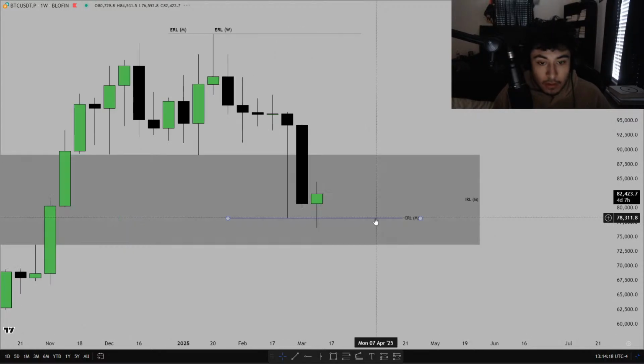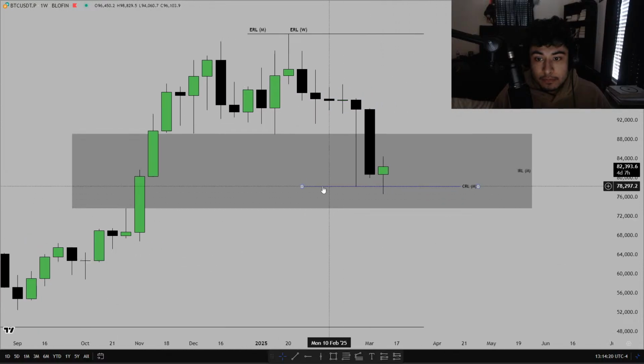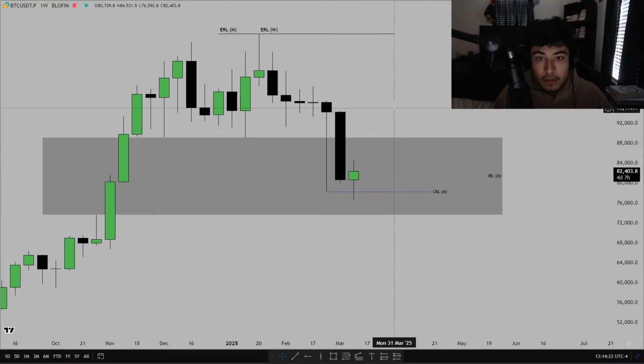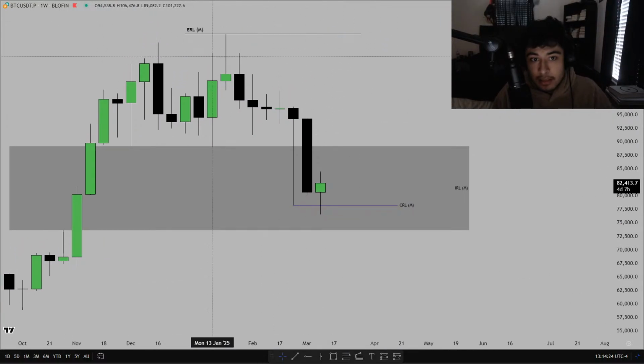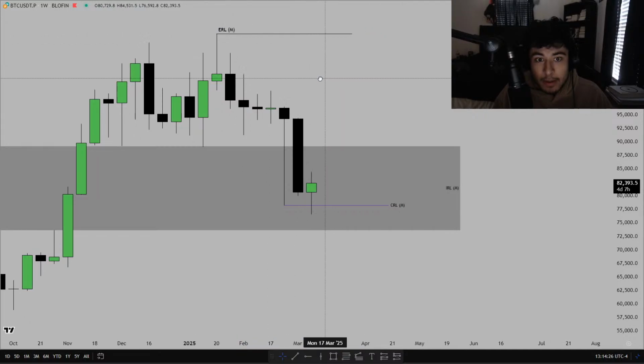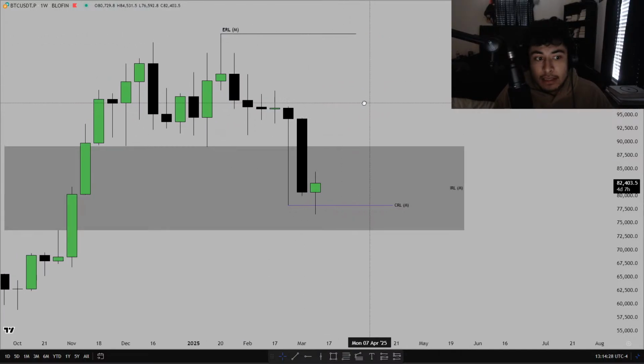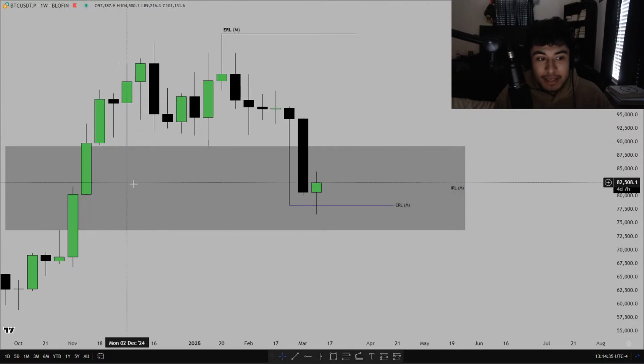So on the weekly, let's go to the weekly here. On the weekly, it does look a little bit more bearish, especially with this candle, and then this long wick. But we are reaching into these buy side imbalances on the weekly, and we are sweeping the previous week low, and we are about to close above if it does continue to the upside.